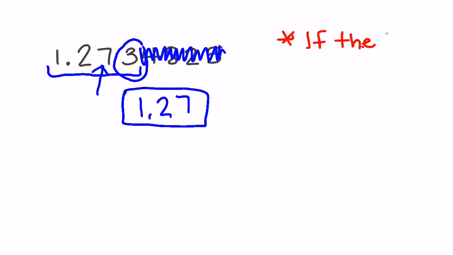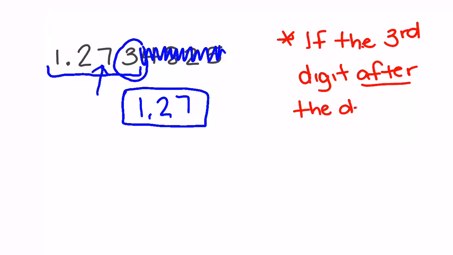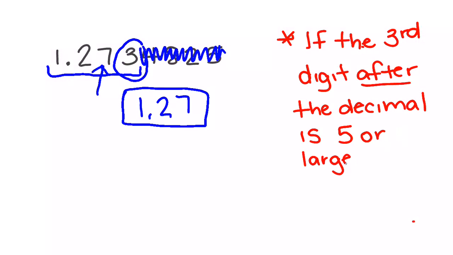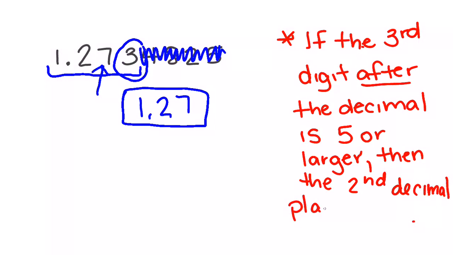If the 3rd digit after the decimal is 5 or larger, then the 2nd decimal place will increase by 1.